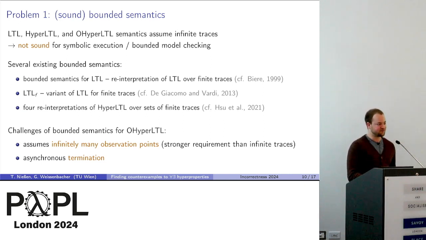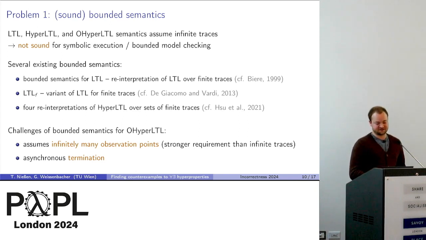So there are some approaches to this. There's an adaptation of LTL from 1999 by Armin Biere that defines bounded semantics, but we cannot adapt that to the hyper setting at all. Then there's LTLf, which works entirely differently from the bounded semantics for LTL that Biere defined. You can have global properties that hold even on finite traces, which is not true in any of the other logics here.